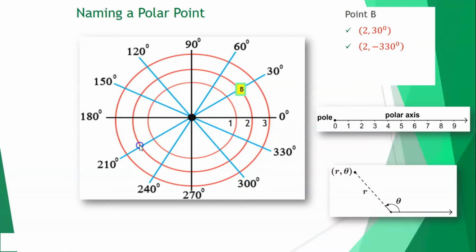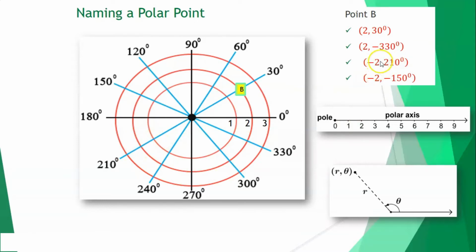So the third way of naming this point is (negative 2, 210 degrees). Take note, 210 is a positive angle. You could also have a negative angle equivalent to that, which is (negative 2, negative 150 degrees).